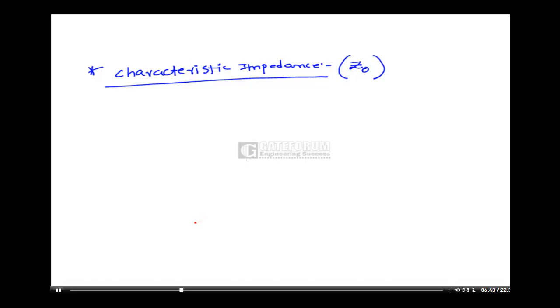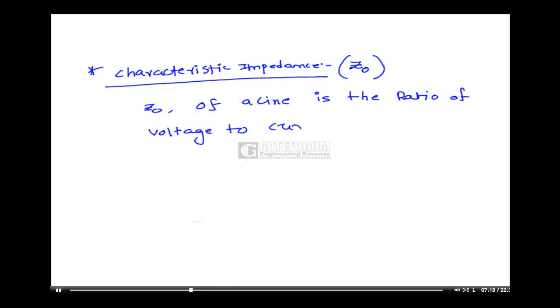How we can define this: the characteristic impedance Z0 of a line is the ratio of voltage to current at any point on the line.